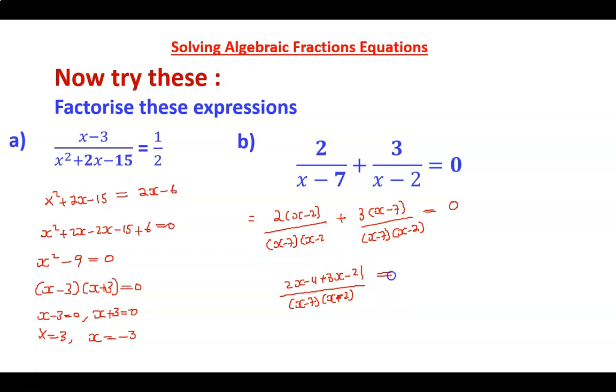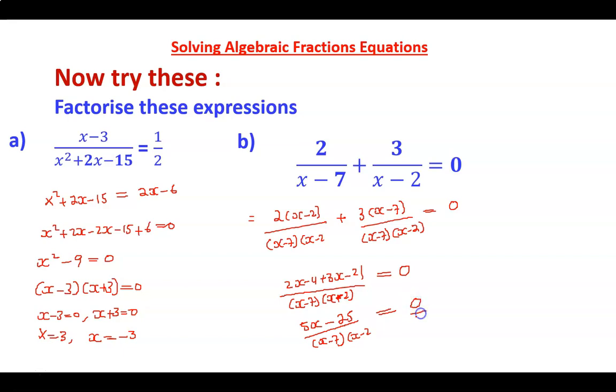And all of this must be equal to 0. 2x plus 3x, that's 5x. And minus 4 minus 21, that's minus 25. Divided by x minus 7, x minus 2, equal to 0.